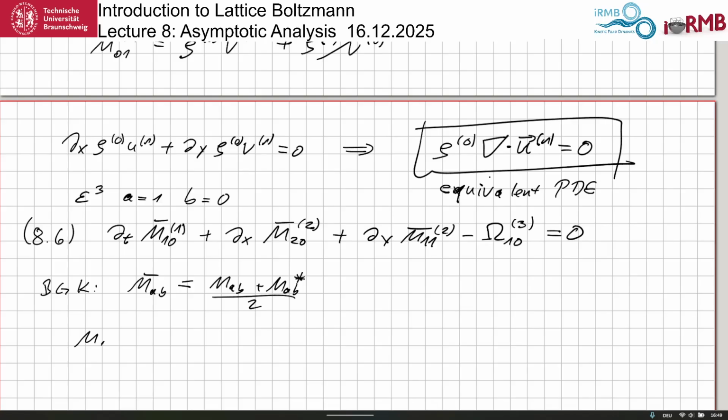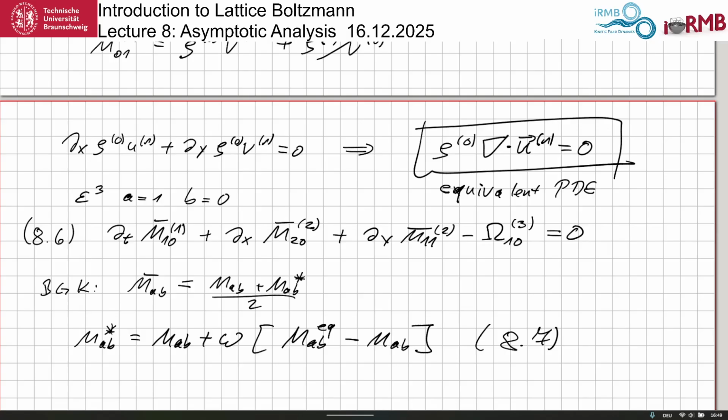And you know that MAB after collision is MAB before collision. So this is the BGK equation. I'm going to call the BGK equation 8.7.